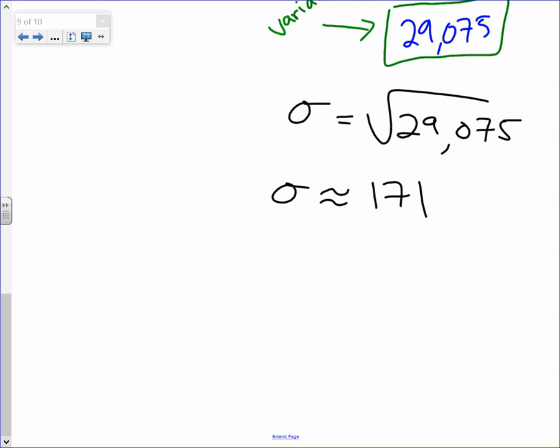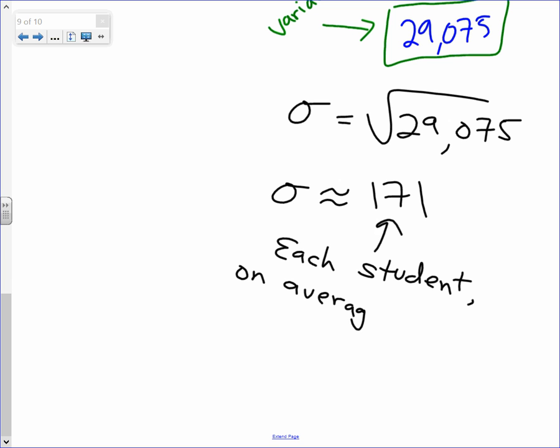We're going to write: each student on average is 171 away from normal.